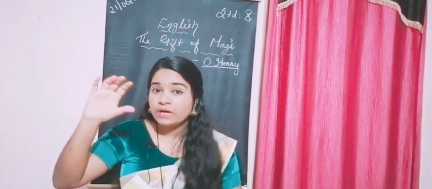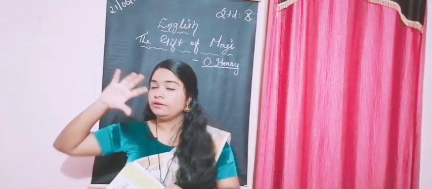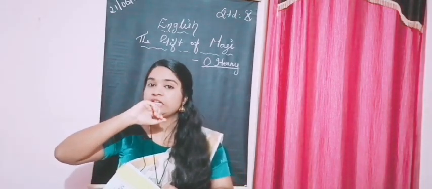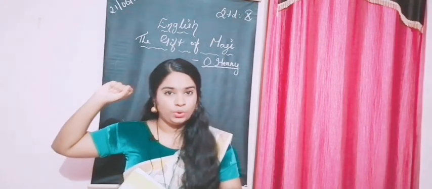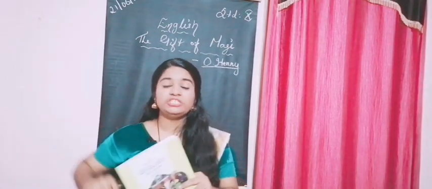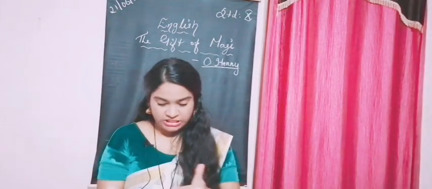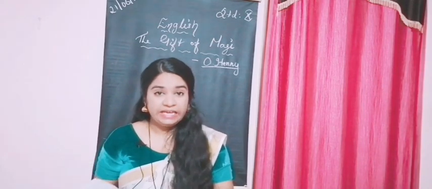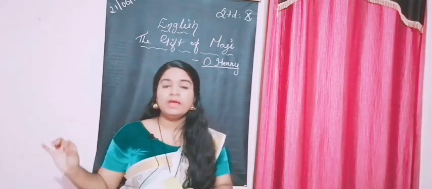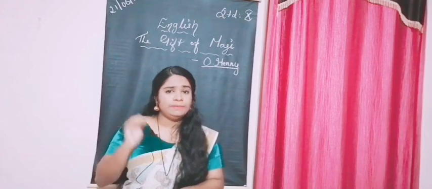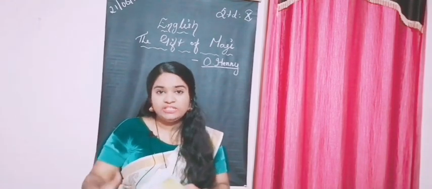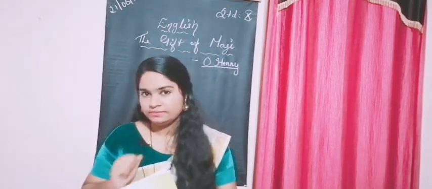Then fixed to that or near to that was a name board. The name mentioned on it was Mr. James Dillingham Young. Maybe that was the name of the owner, but here it is actually the husband of Della.